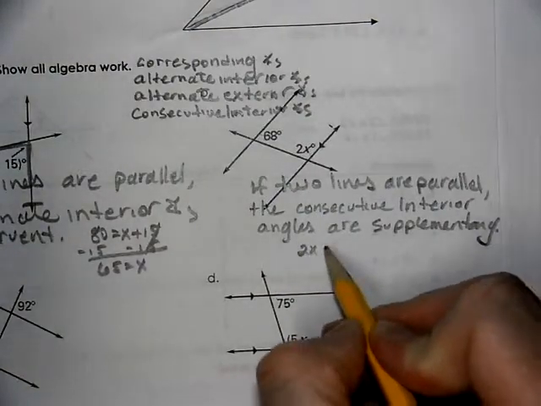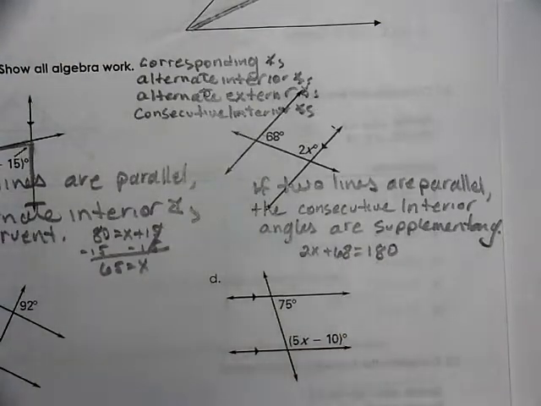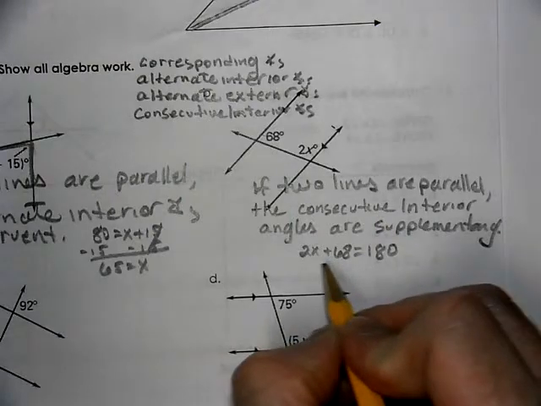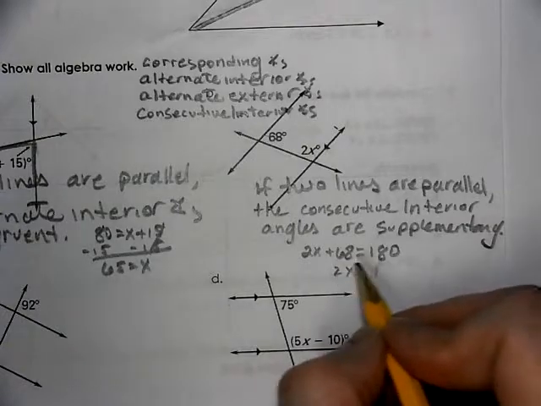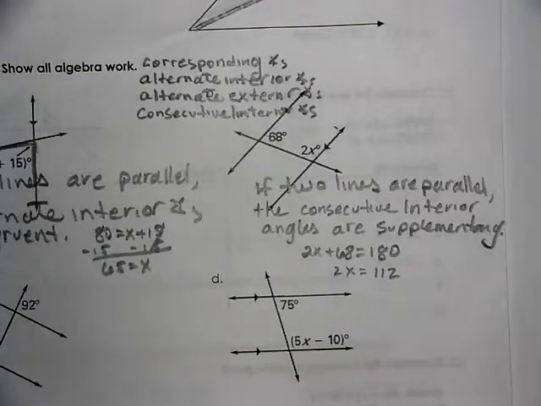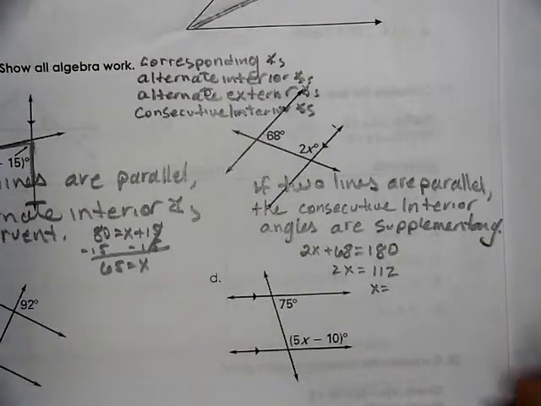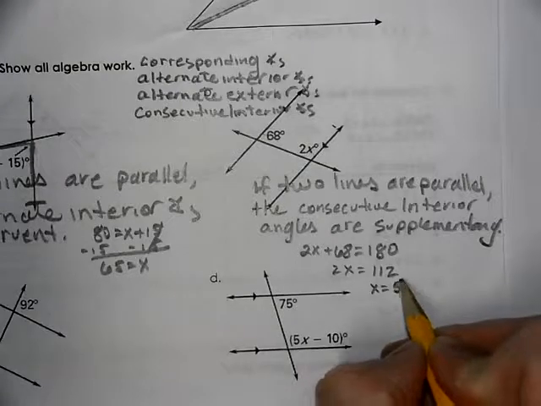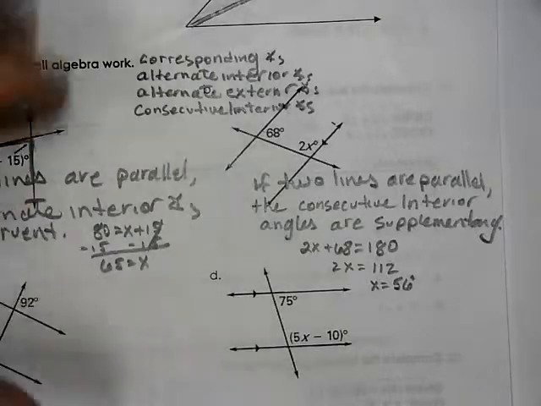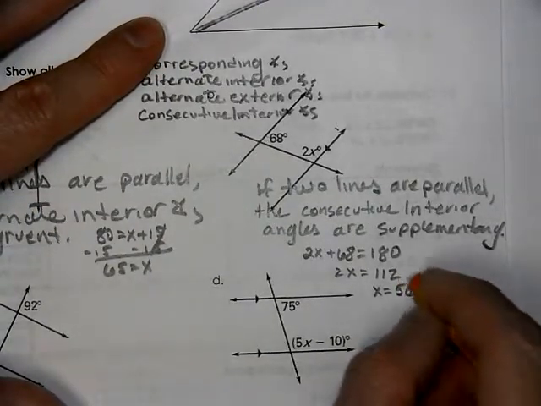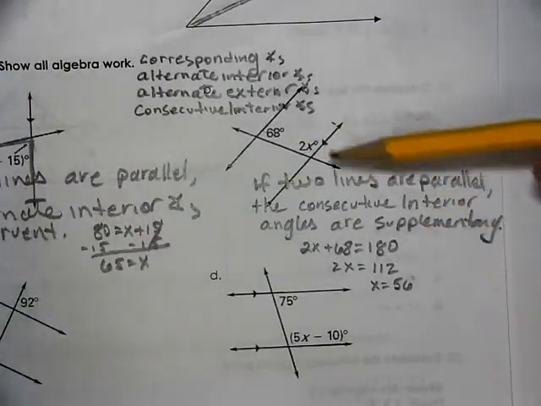So we know that 2x plus 68 has to equal 180 because those two angles have to be supplementary. We'll subtract the 68 across and get 112 divided by 2 gives us 56 degrees. Well, sorry, x is not a degree. X is a value.